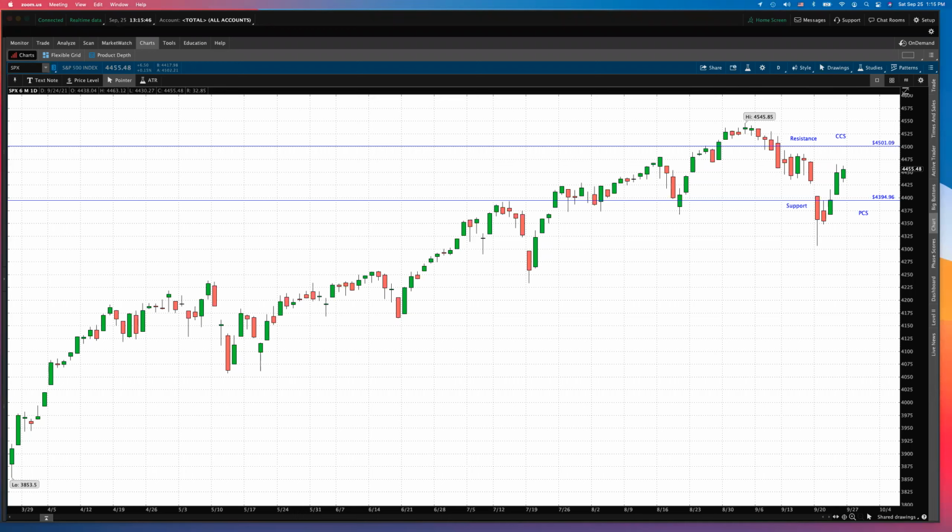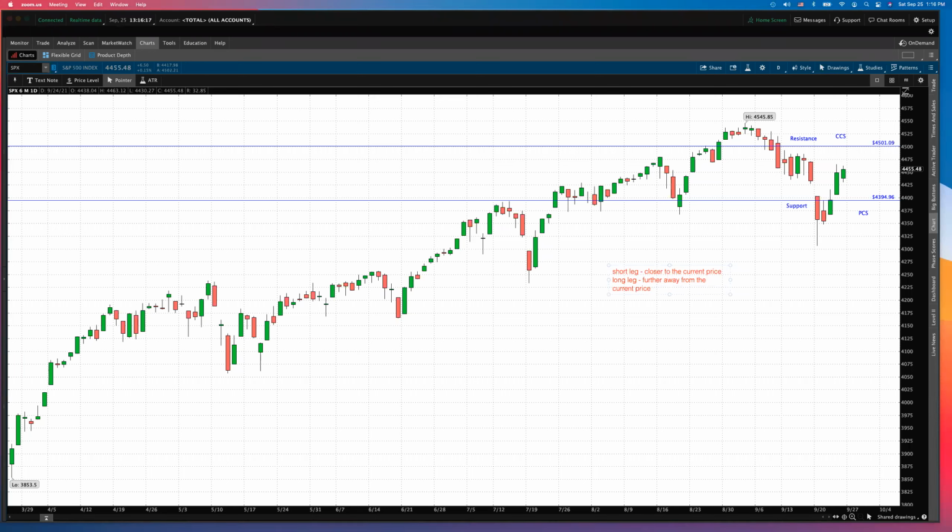So think in terms of when we do credit spreads, the short leg is closer to the current price, right? And the long leg is further away from the current price.